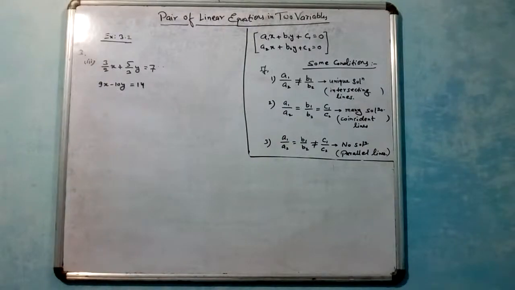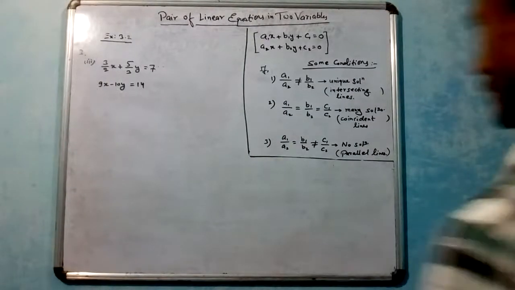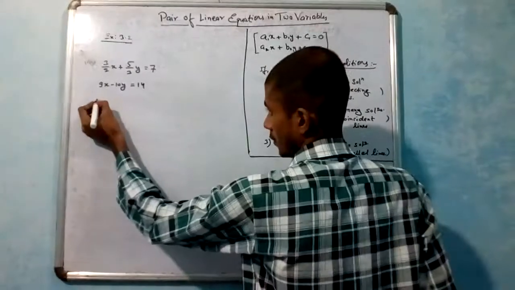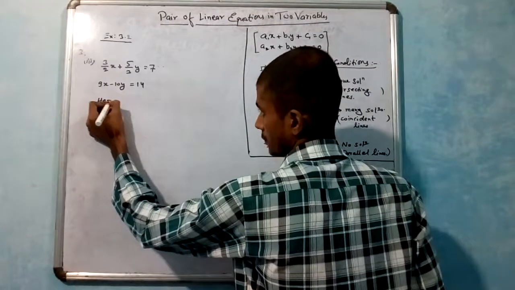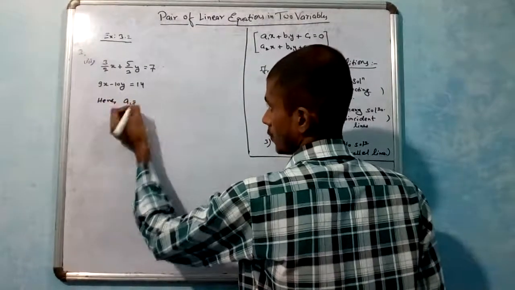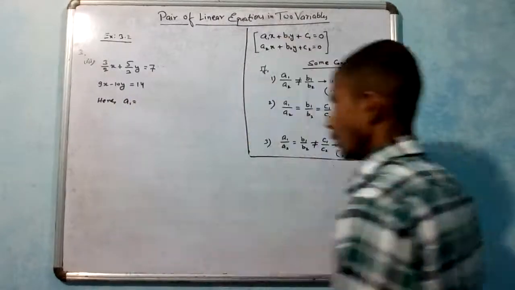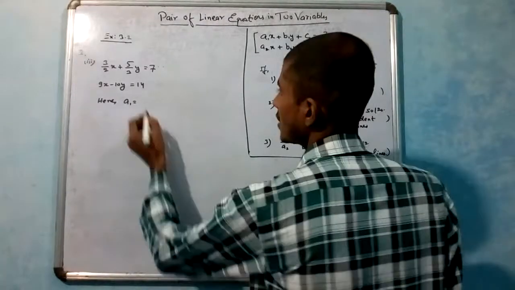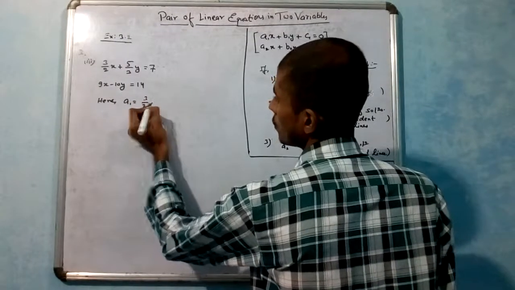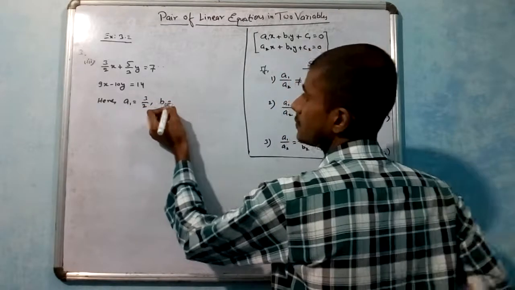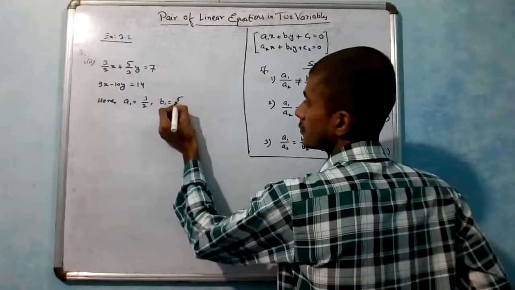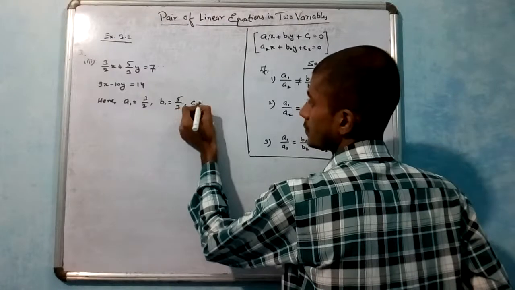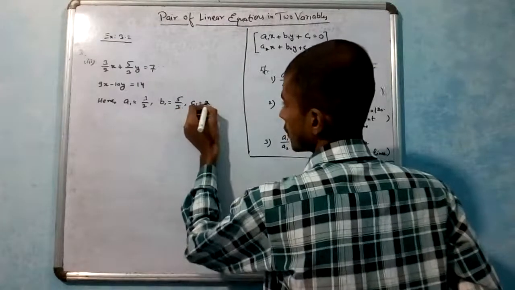Yes, this we will see. Help me. Tell. Here what? Come on. Make it fast. A1 is 3 by 2, B1, C1 is 7.